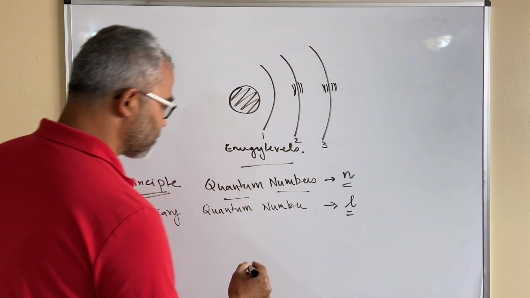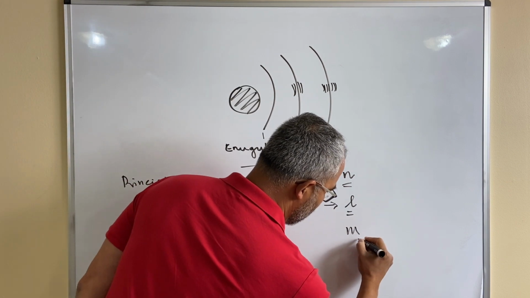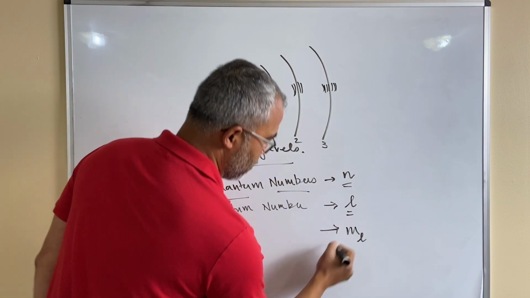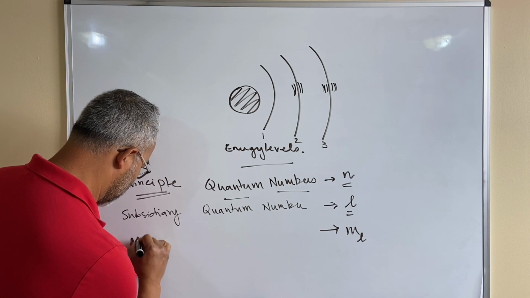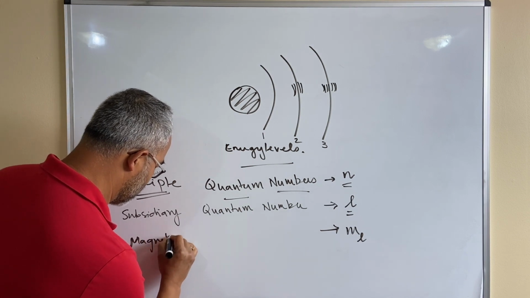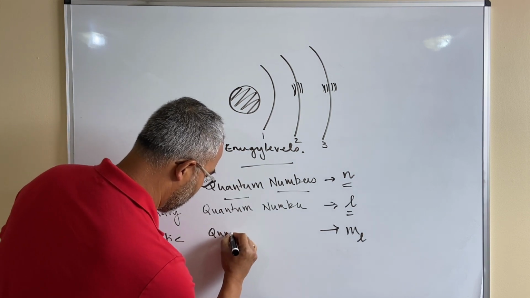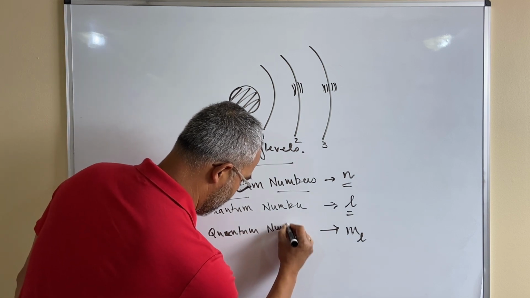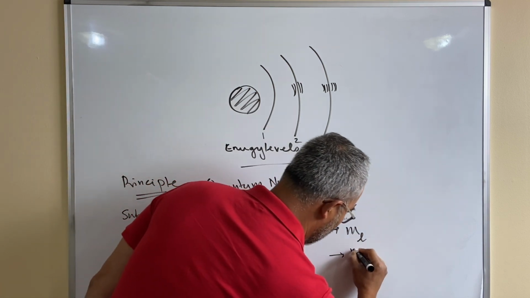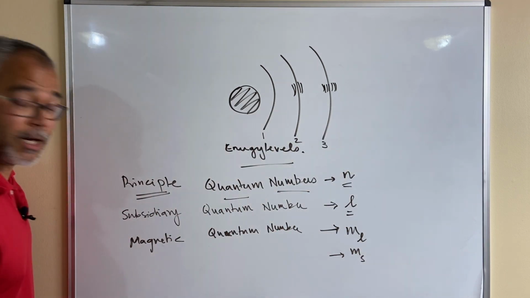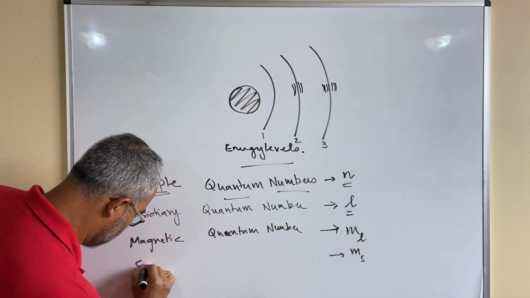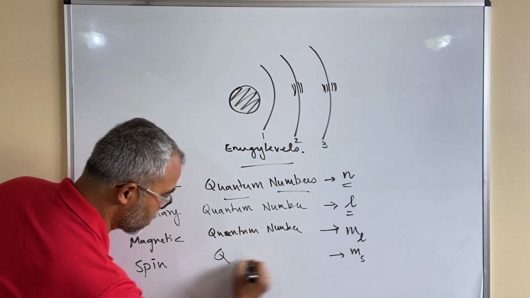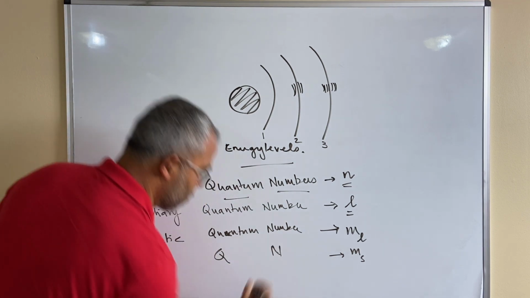The next one is called ml, which is related to the magnetic orientation, so it's called the magnetic quantum number. And the last one is ms, that's the spin quantum number.